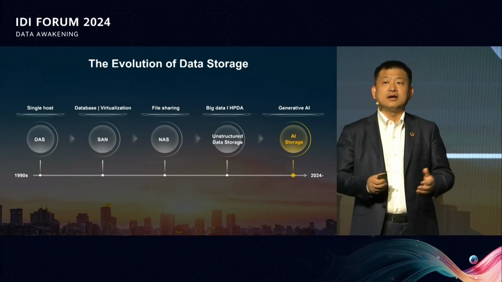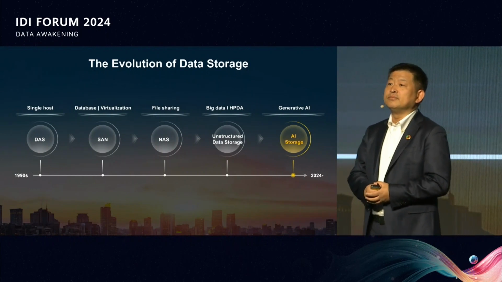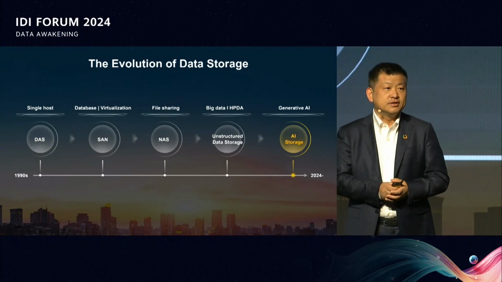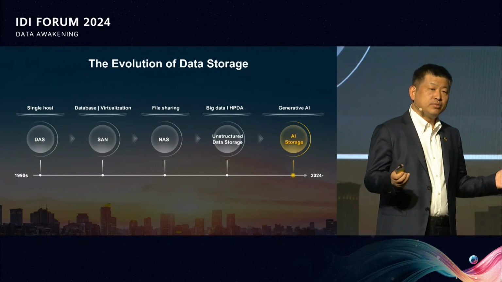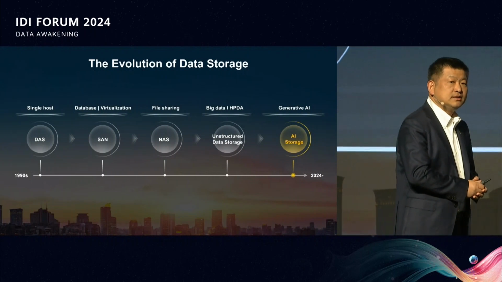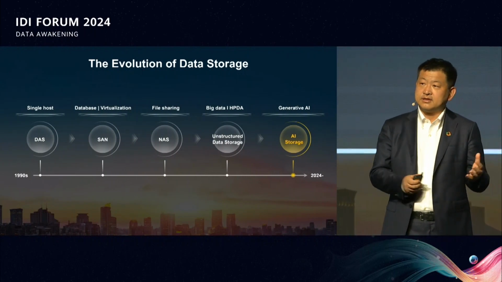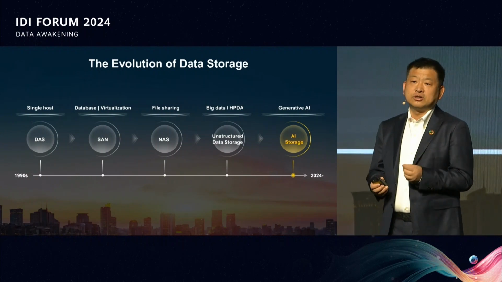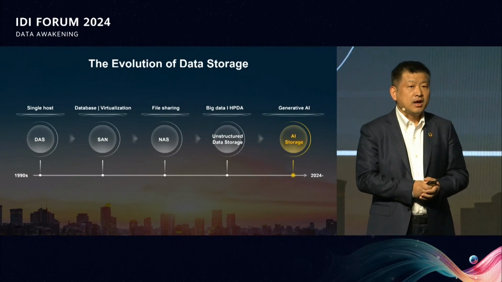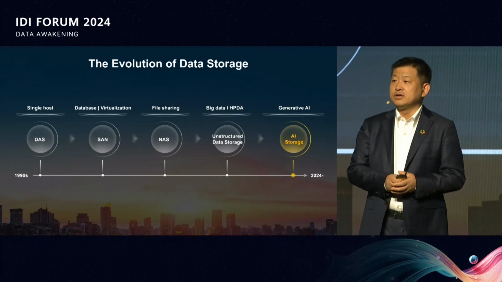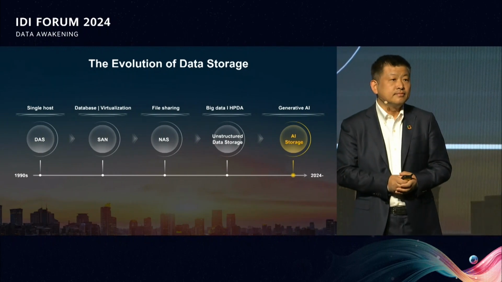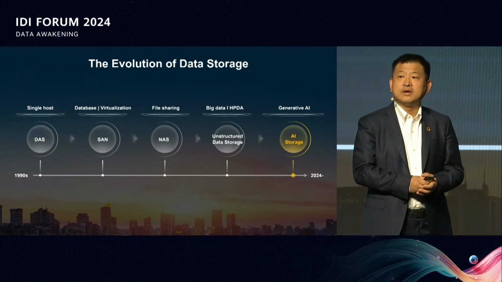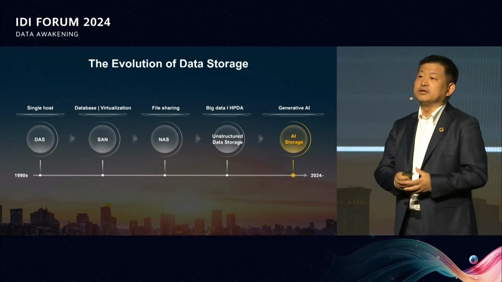And when big data becomes very important, and we needed to do a lot of high-performance data analysis jobs, for example HPC and gene analysis, these kinds of applications, then we start to develop unstructured data storage. These unstructured data storage can support a big amount of data, and also more data paradigms. For example, Object and Hadoop can all be supported.